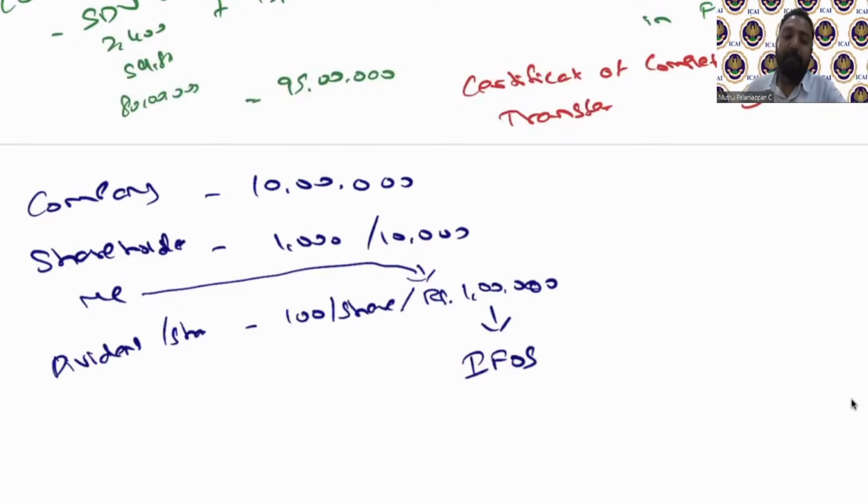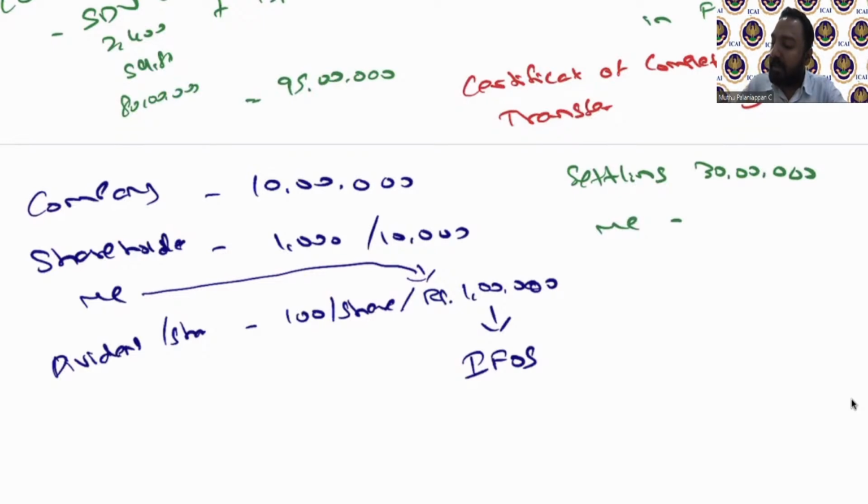Now let's say the company is winding up and completely settling, and the company is settling 30 lakhs instead of 10 lakhs.